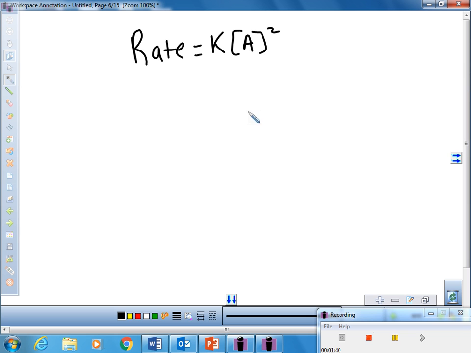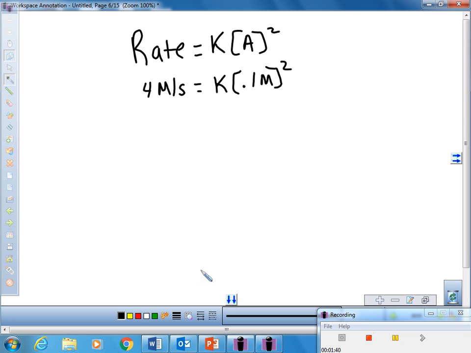So I'm just going to take experiment 1, and hopefully you're looking on your page, or you can back this up. We're looking at the PowerPoint, but it is on your note page. So our rate was 4 molarity per second. The K is what I don't know. And then we plug in A. We don't need to plug in B because it is to the zero order.